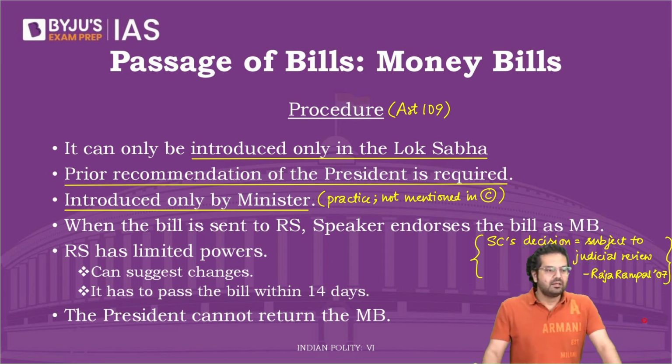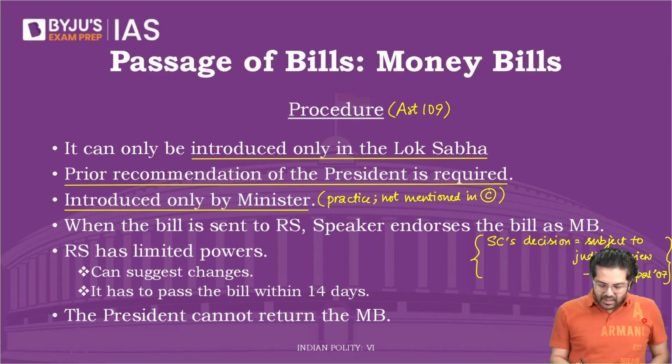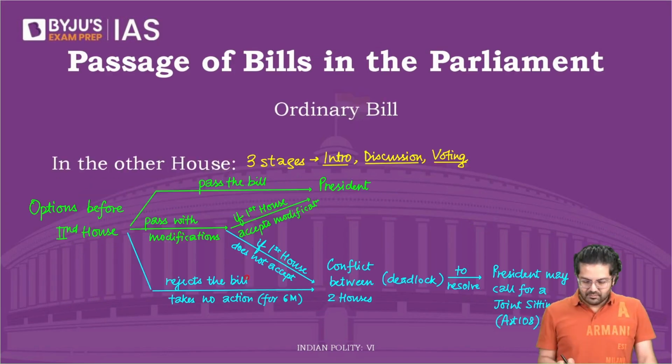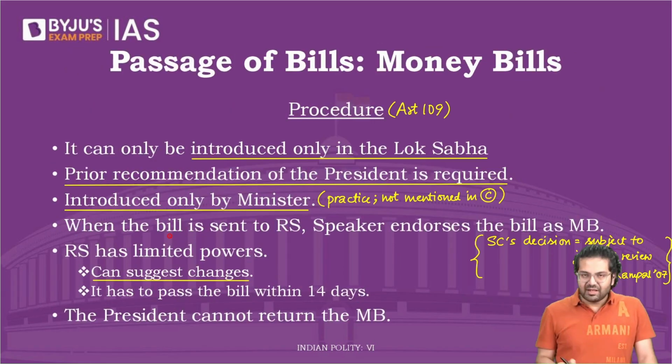Meaning, Rajya Sabha can only suggest some changes. Look at the change of language. For an ordinary bill it is pass with modification. But here, Rajya Sabha can only suggest changes. Those changes may or may not be accepted by the Lok Sabha.